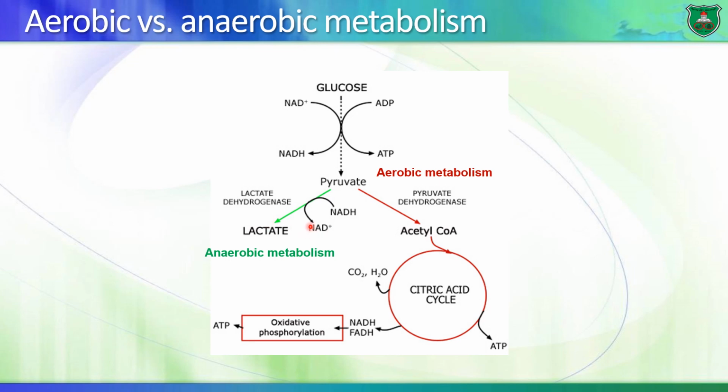In order to produce more NAD, and this NAD can sustain the glycolytic pathway that requires the presence of NAD. So it produces NAD for this reaction while at the same time producing some ATP to keep the system going. Let's focus on lactate dehydrogenase now.